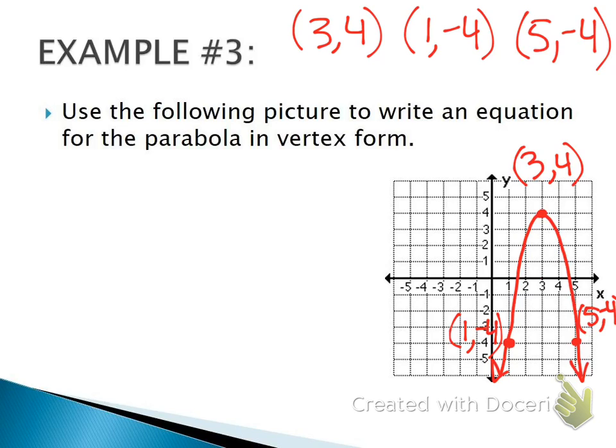All right, on example 3, we are asked to write the equation using this parabola. We're acting like this parabola was already provided to us. And we want it to be in vertex form, meaning y equals a times x minus h squared plus k.